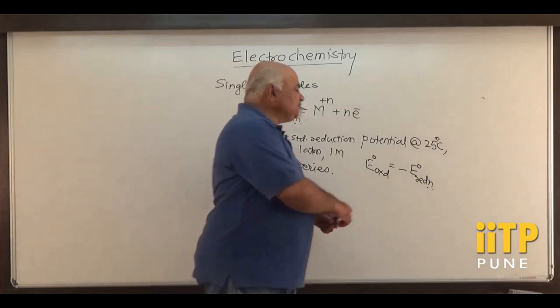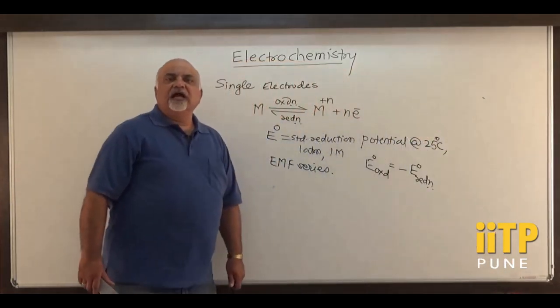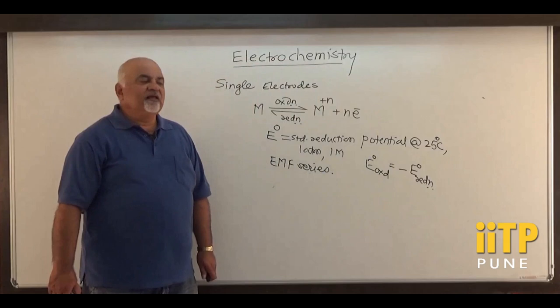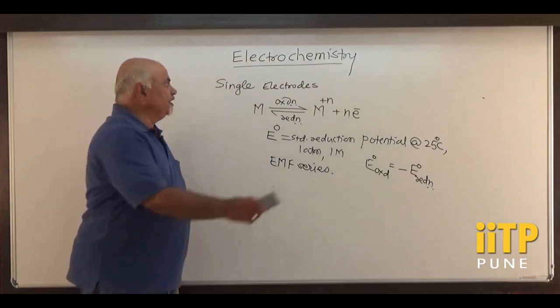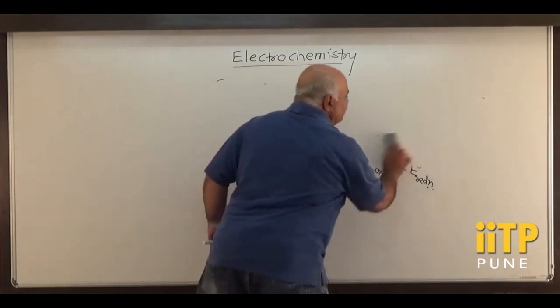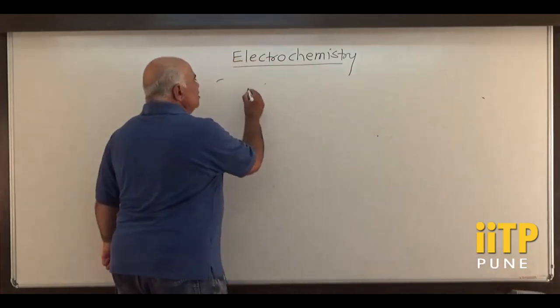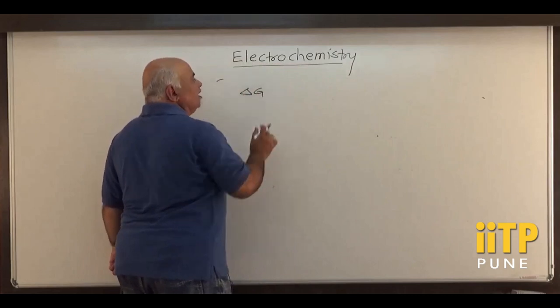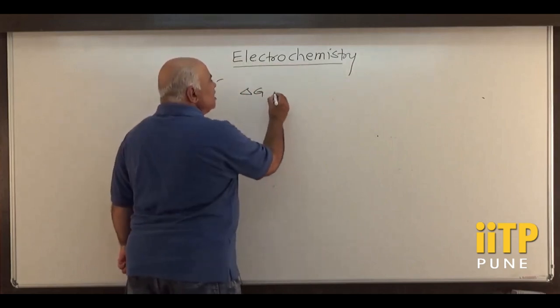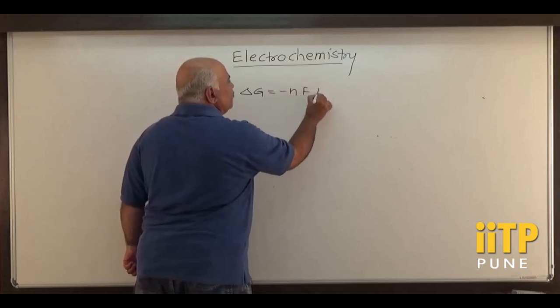If it is electrolysis, again I repeat, the process is non-spontaneous, and when it is an electrochemical cell, the process is spontaneous. Spontaneous process means thermodynamically we can say that the value of delta G, called Gibbs free energy, will be equal to minus nFE.